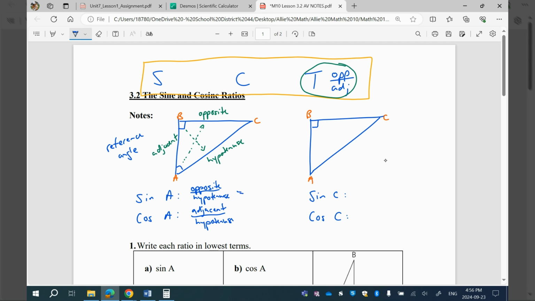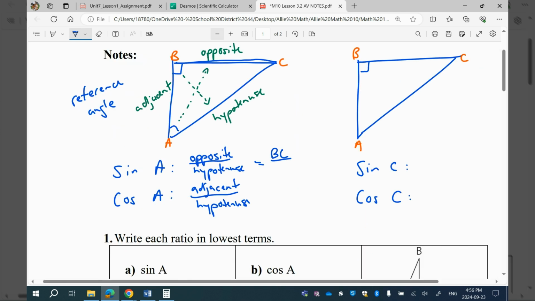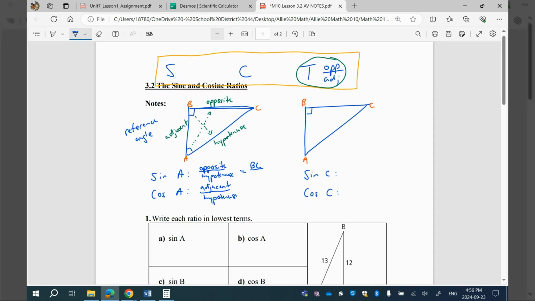So in this triangle, the opposite of sine A would be this side right here, BC, over the hypotenuse side AC. And our cosine is going to be the adjacent side, AB, over the hypotenuse, that's still AC. And for reference angle C, it's still the opposite over the hypotenuse.